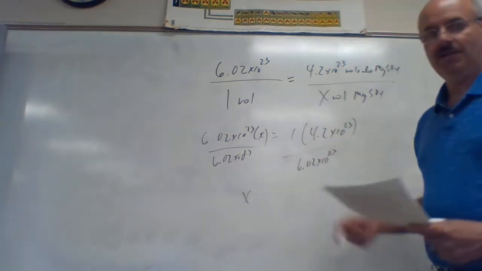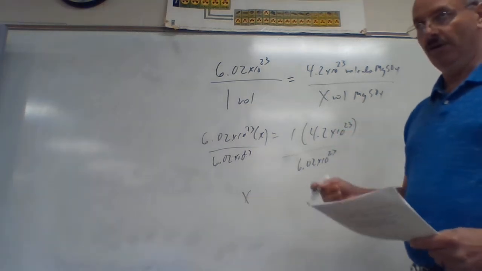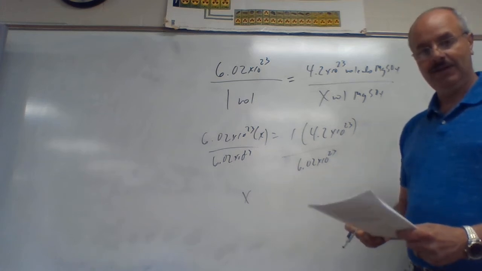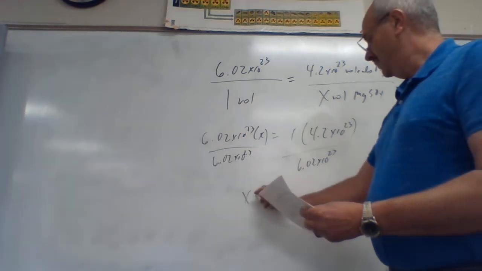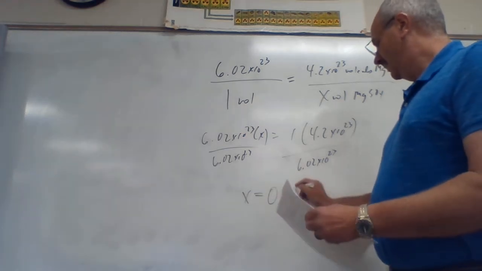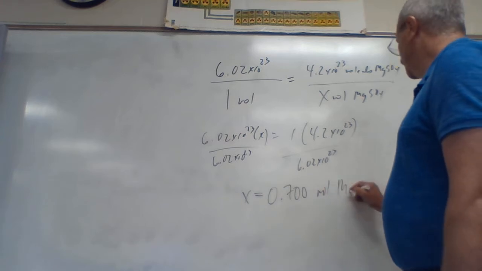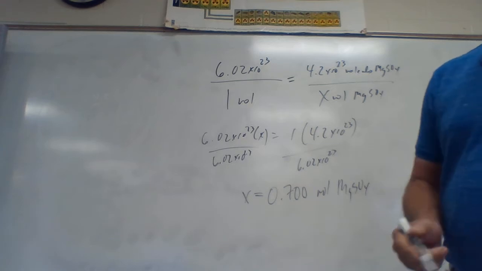If you type that into the calculator, remember that you're not going to type in times 10, you're going to type exponent or double EE, depending upon which kind of calculator or the calculator on the computer you're using. So the answer to this one, X equals, when you round it off, 0.700, and that's moles of MgSO4. This is what you should have for number 1.